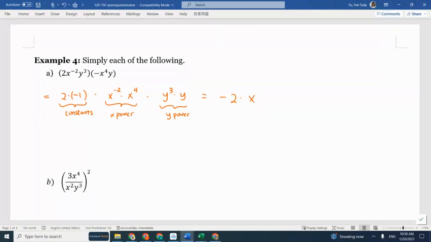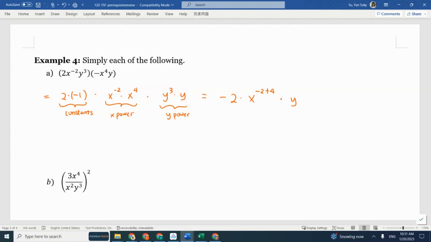X to the -2 times x to the 4. What do you do with the exponents? You add them or multiply them? Add them. So -2 plus 4. Let's do it slowly.